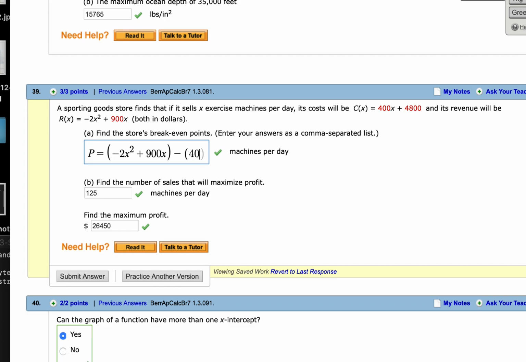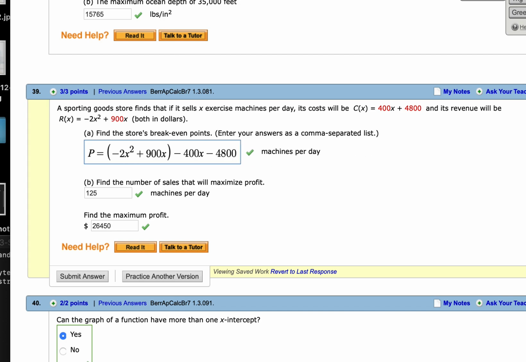Cost is 400x plus 4800. So that's the profit. Next, let's distribute this negative sign. That negative sign makes this become negative 400x, and a negative times 4800 makes that negative 4800.